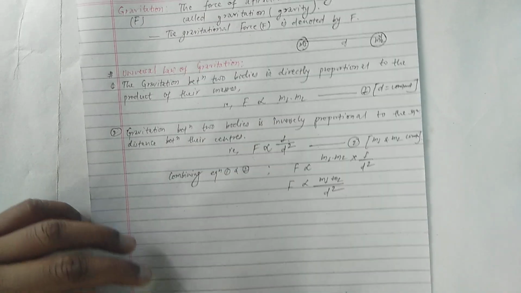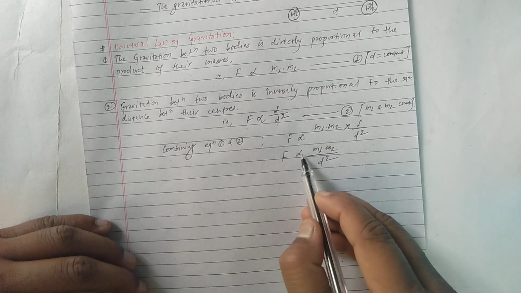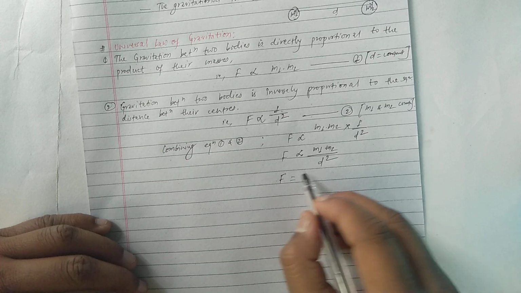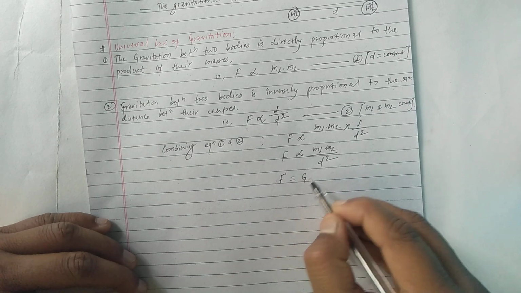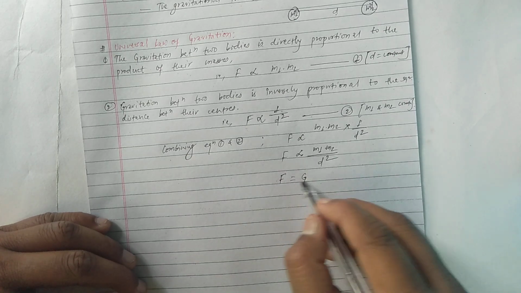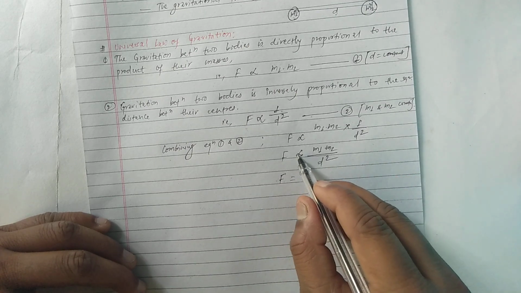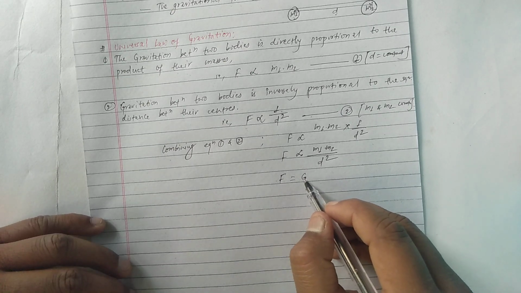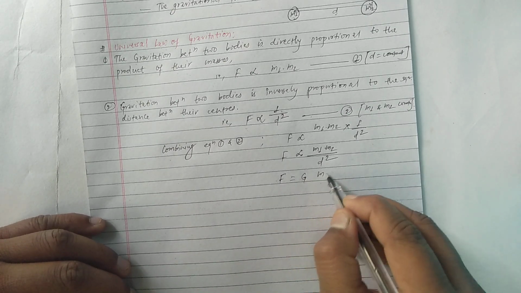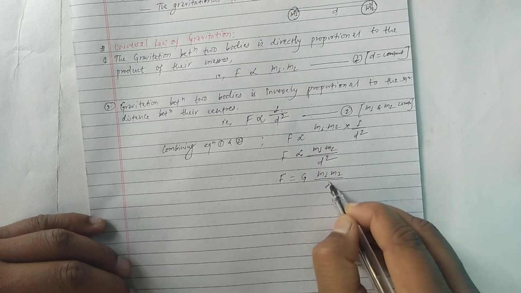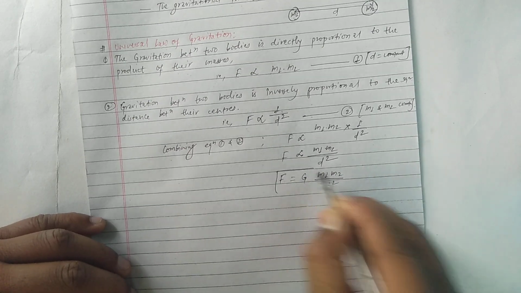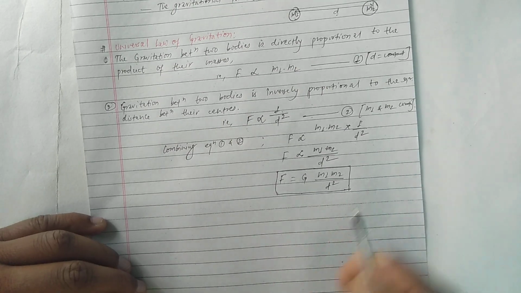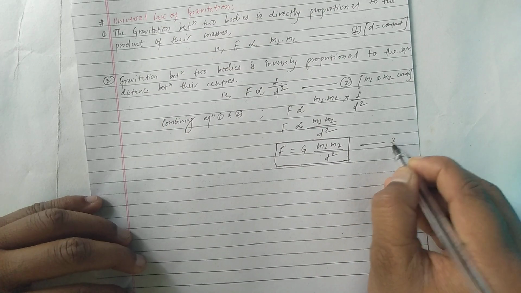As we know, if the directly proportional sign is removed, then we have to put in a constant. Suppose this constant is G. So F equals G m1 m2 upon d square. Hence we get the required expression.